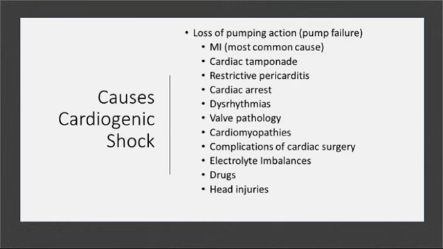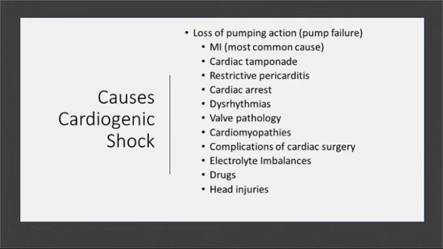Cardiac tamponade, when the sac around the heart has blood and it's tamponading, it's squeezing the heart so the heart cannot function. Restrictive pericarditis, again, the sac becomes inflamed and it restricts the ability of the heart to squeeze and pump. Cardiac arrest, obviously, because it's not pumping at all. Dysrhythmias.